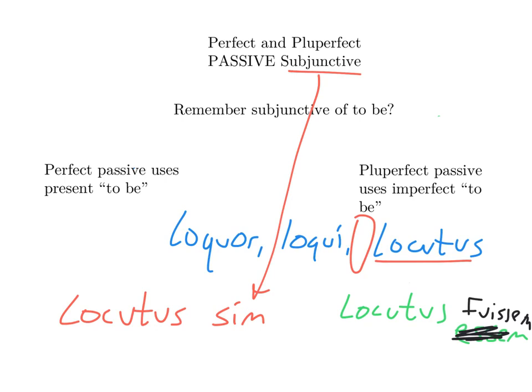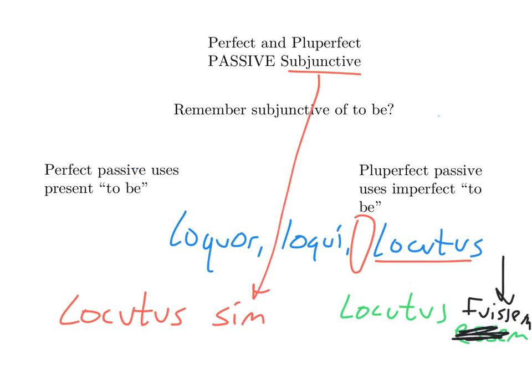You're actually creating a situation where you already know it's pluperfect, but the author wanted to really make sure that you knew it was pluperfect by putting that perfective form of "to be" in there. So locutus fuissem, "I had spoken," makes sure that it was a very completed action in the past. Anyway, that is the cool stuff going on there.